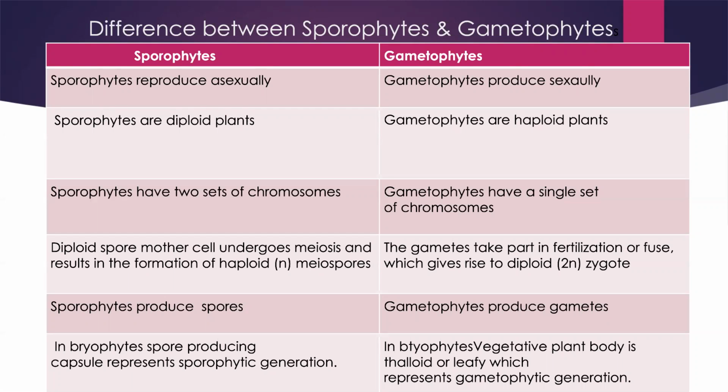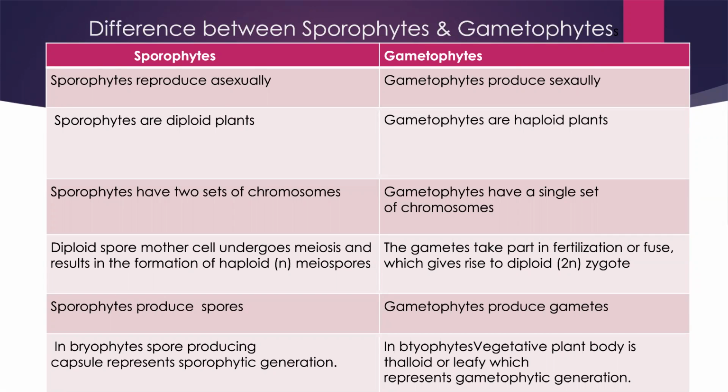First difference: sporophytes reproduce asexually while gametophytes reproduce sexually. The second difference is that sporophytes are diploid plants and gametophytes are haploid plants. That means the plant body which represents the sporophytic phase is made up of diploid cells and the plant body which represents the gametophytic phase is made up of haploid cells.